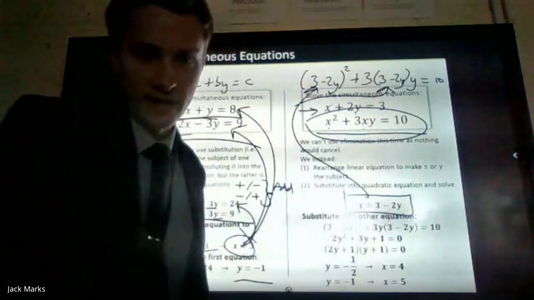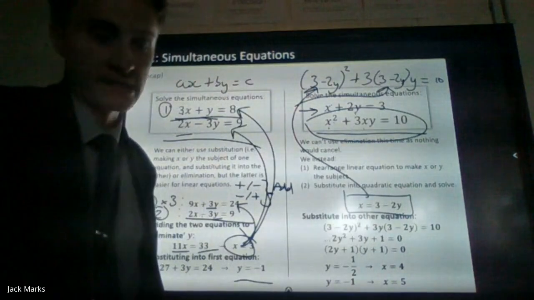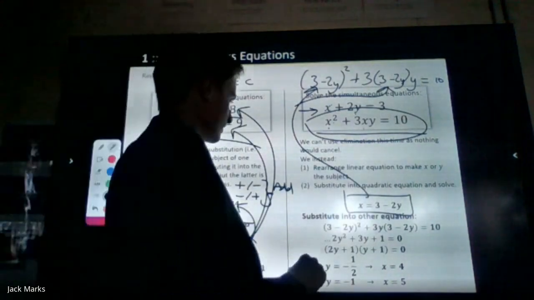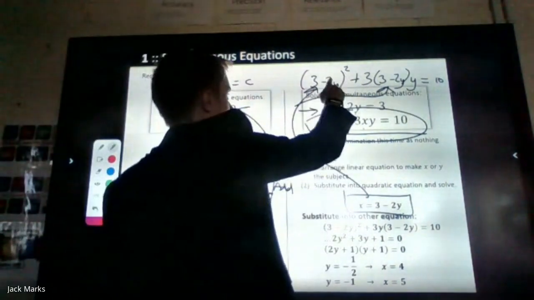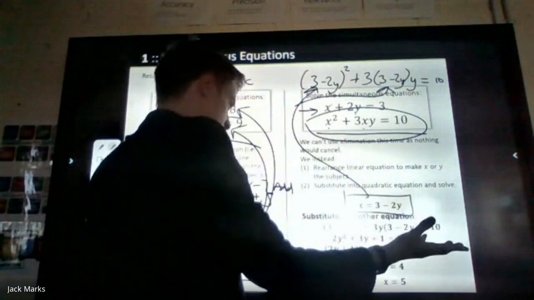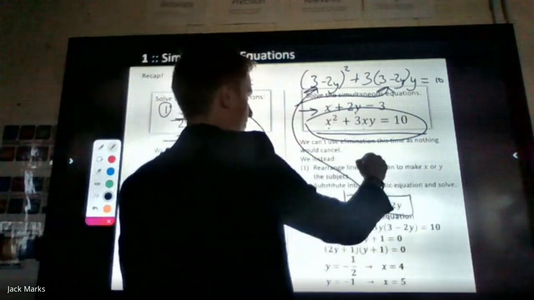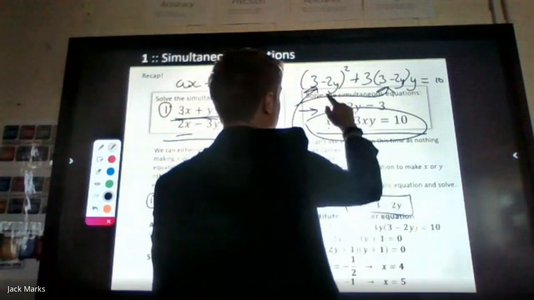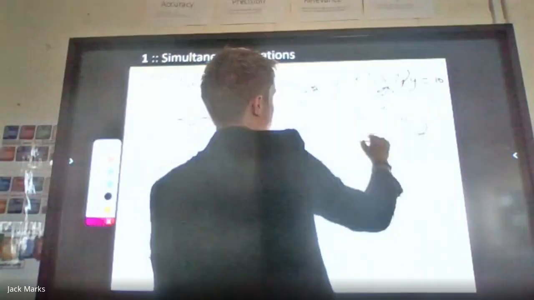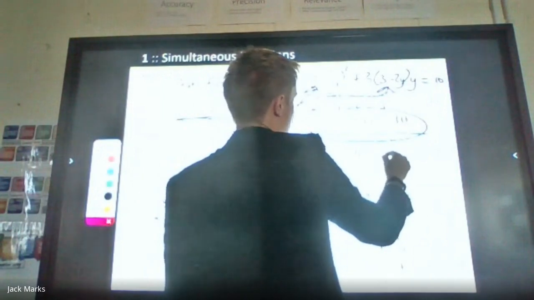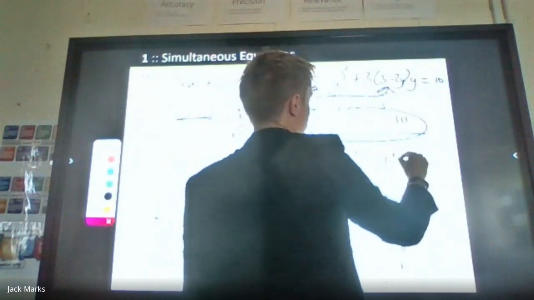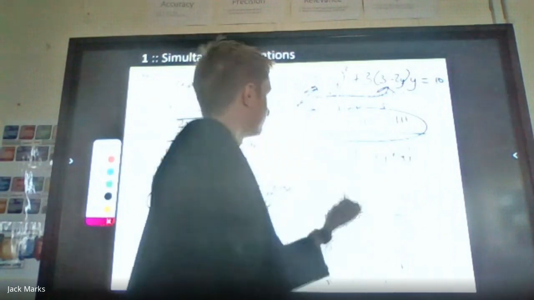And if you do it like that, you're far less likely to make any mistakes. Okay? So when we expand this one out, let's just do it here. So 9 minus 6 times 2, so minus 12y, plus 4y squared from the bracket squared.